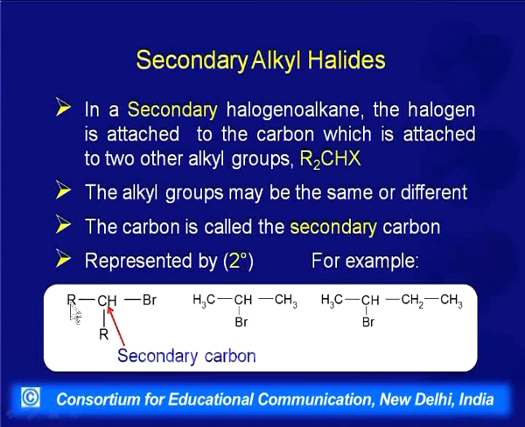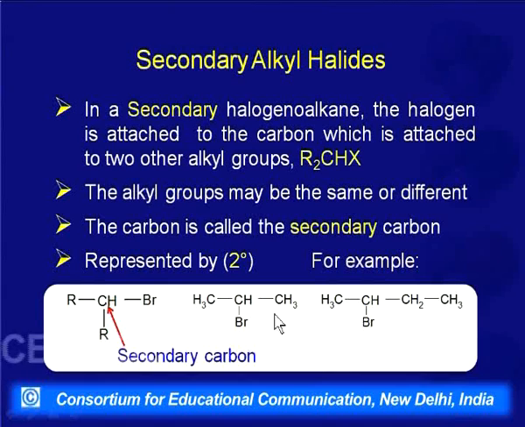The example is shown here. In the generic form, you can see that this carbon is attached to 2 alkyl groups. We call this carbon the secondary carbon. It is attached to the halogen atom. An example is propyl bromide.